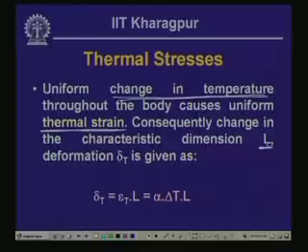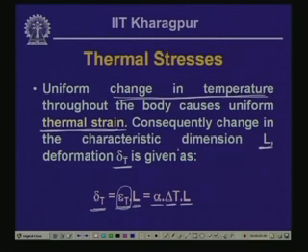If we take the characteristic length of this member as L, or for that matter any of this length which undergoes deformation, the deformation delta T of that length can be given as the strain times the length, and the strain due to temperature, as we have seen, is alpha times delta T. So, the deformation delta T because of temperature is alpha times delta T times L, where L is the dimension of the body which we are concentrating on.